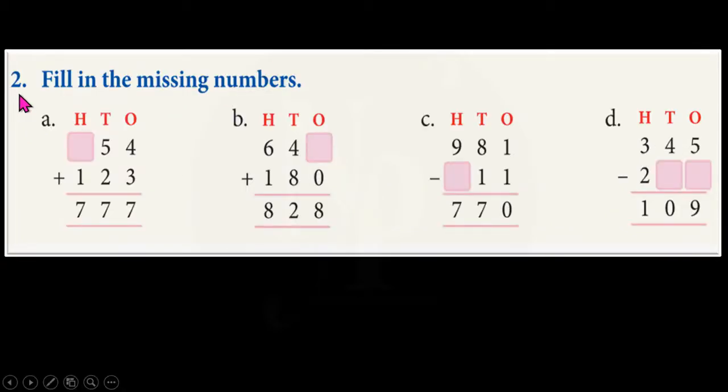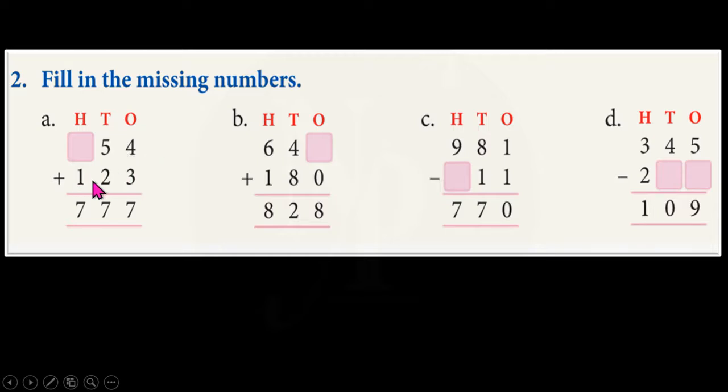Next, second question. Fill in the missing numbers. Here some blank spaces or blank boxes are given. That means some numbers are missing here. So looking at the other numbers or answers given here, we should fill in the missing numbers. A. So there is a blank space here, and 5 and 6 are given here.